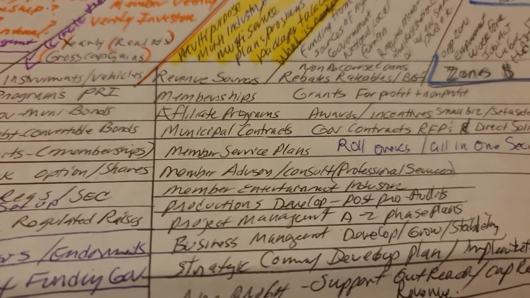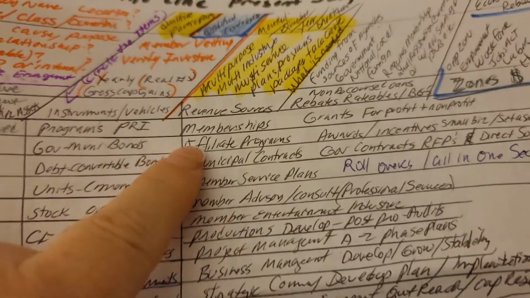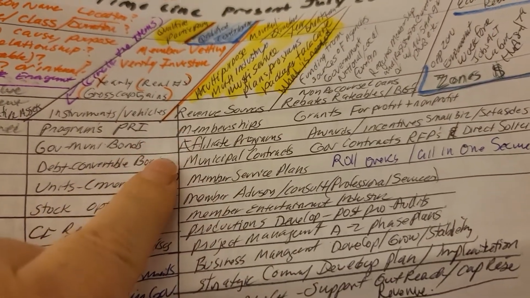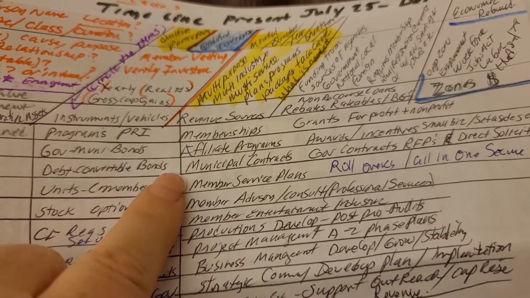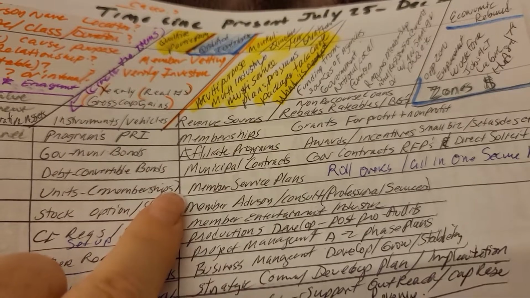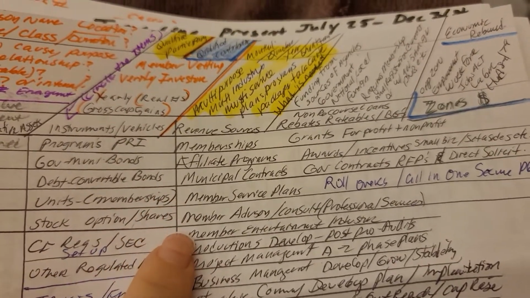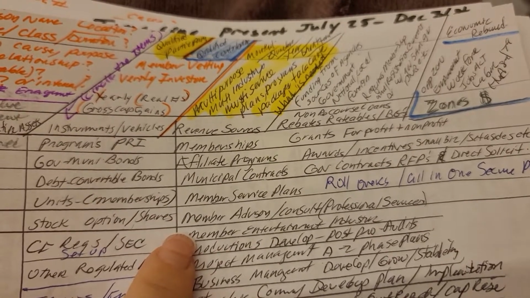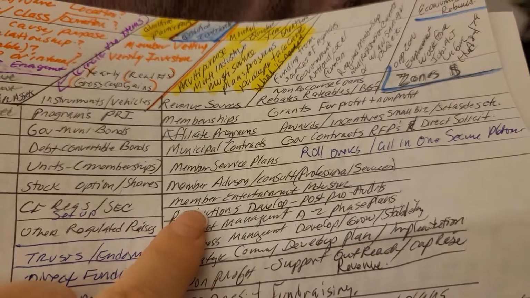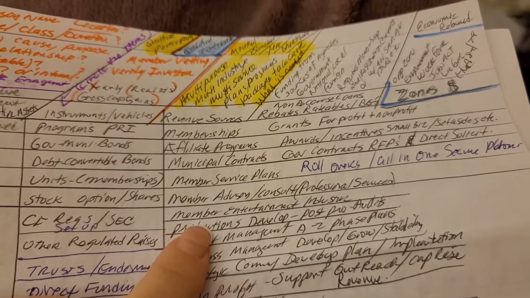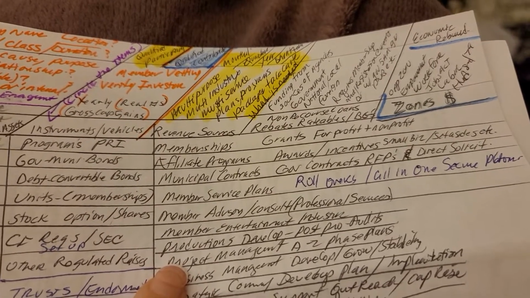We have quite a few different revenue sources that we use to bring in money to the company. We have our memberships, affiliate programs that are paid programs, paid memberships, municipal contracts, and municipal memberships, member service plans, advisory, member and consulting, professional service plans, member plans for the entertainment, multi-purpose, production, development, and post-production, including audits.